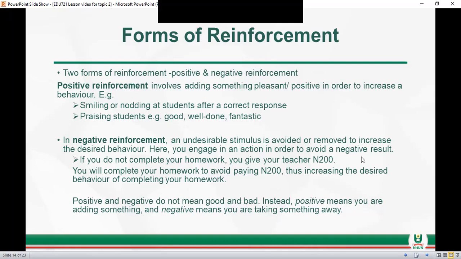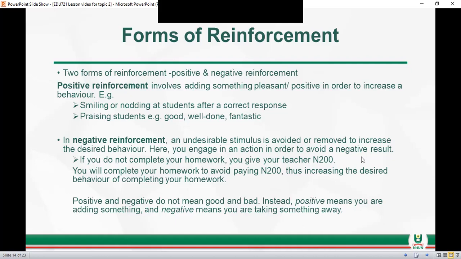Another example of negative reinforcement is if I tell you students that if you attend your live class for the 8 times, the 8 facilitation times, then you wouldn't have to take your exams. For instance, exams is something that people want to avoid.